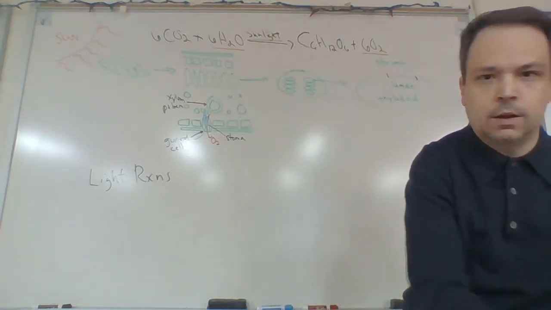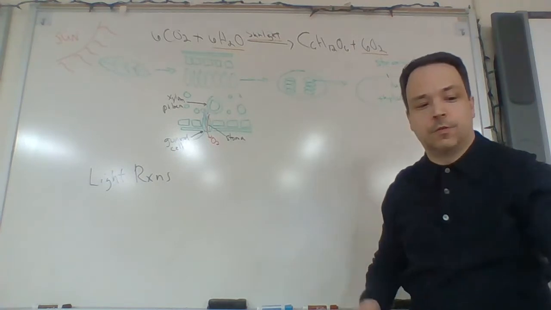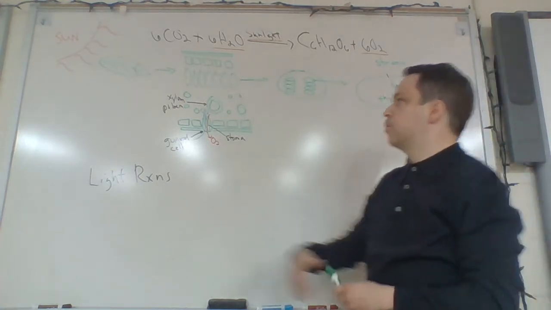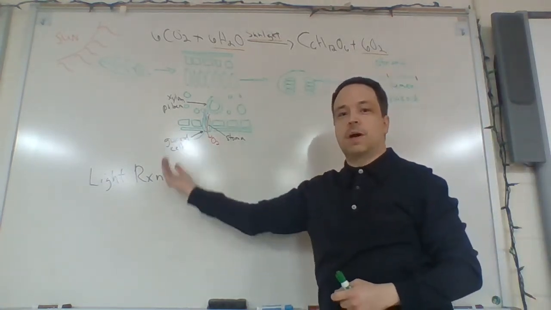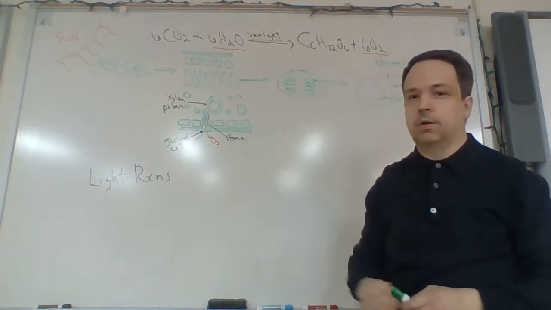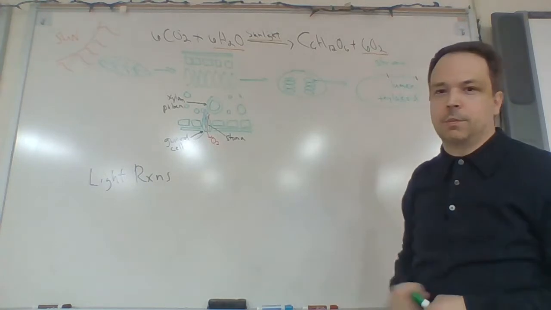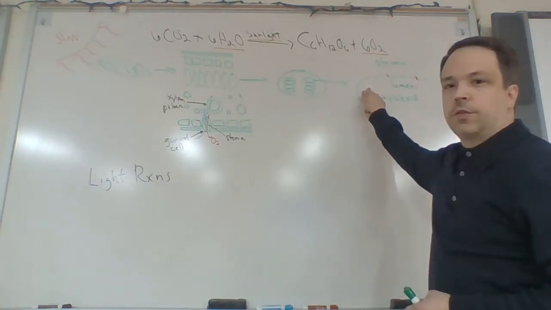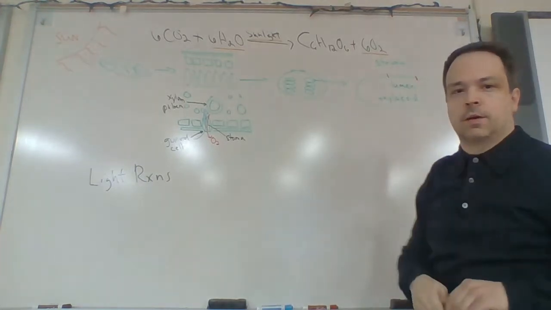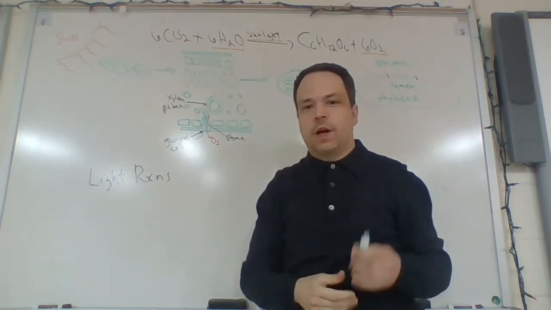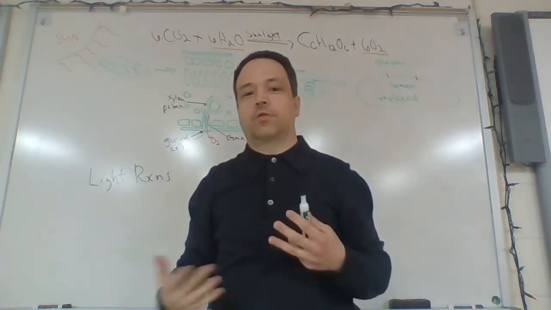So we go back and we talked about how these photons are striking the leaf, they're penetrating the leaf, and they're going down all the way to the chloroplast, and inside the chloroplast to these pigment molecules that are located on the thylakoid membrane. So on the thylakoid membrane, we actually have other structures.